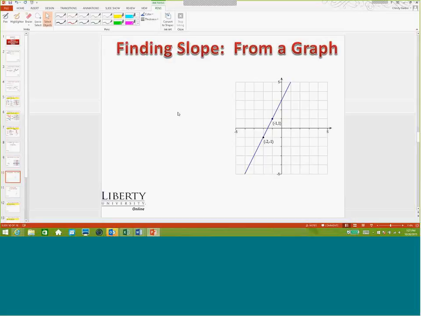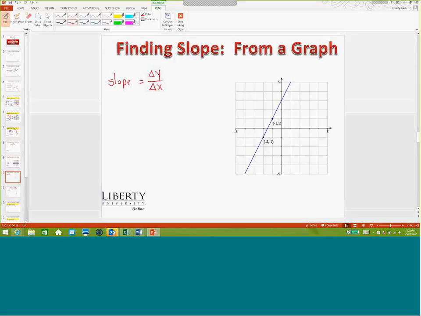Now, how do we find slope? The slope of a line is just how it's angled in the coordinate plane. In other words, the slope of a line is how y is changing, and that delta symbol just means the change in y, compared to how x is changing as the line travels through the coordinate plane. Now, from a graph, if you've got 2 points on a line that's given, you want to travel from one to the other, okay?